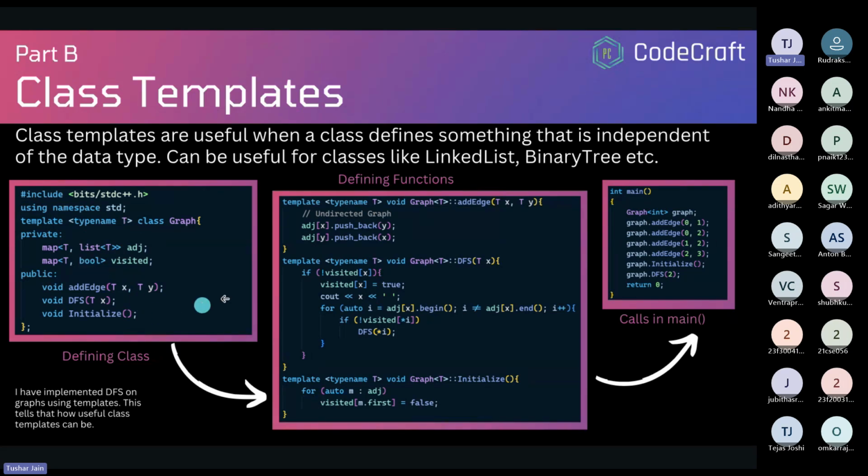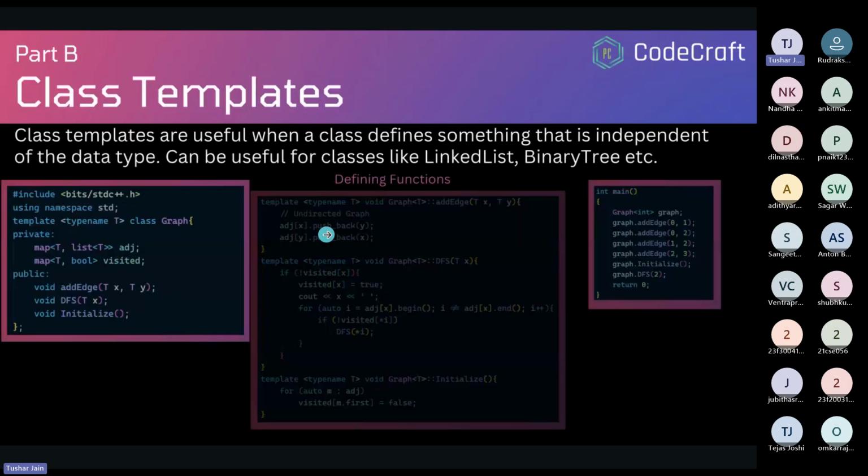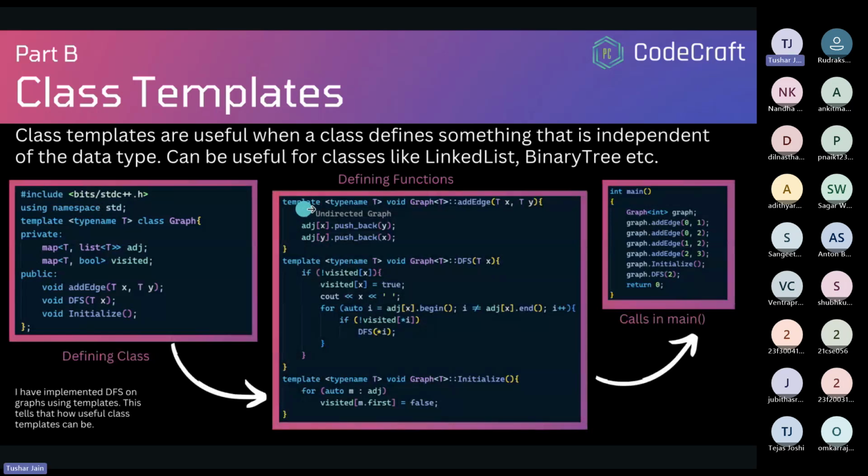Now, after defining the class, I have to also define the functions in the class. While defining the functions in a class, we have to use the same type of syntax that we used while defining function templates. If we go back, what we do in function templates is template type name T and then define a function. In this also, we have to use template type name T. Then we have to specify the return type.